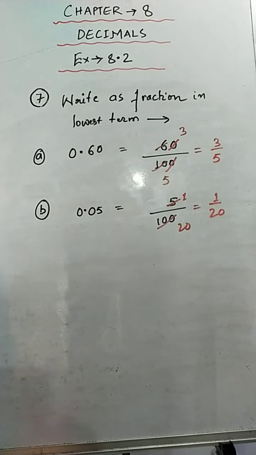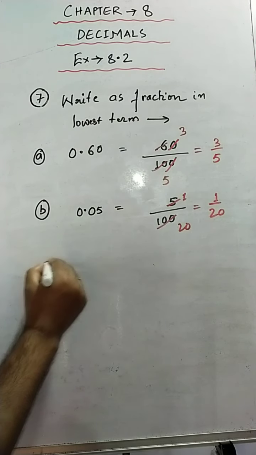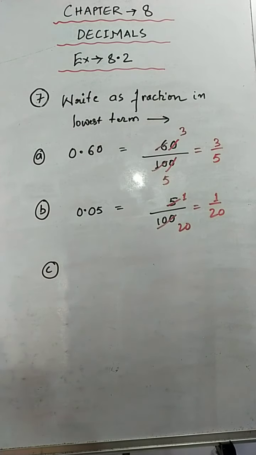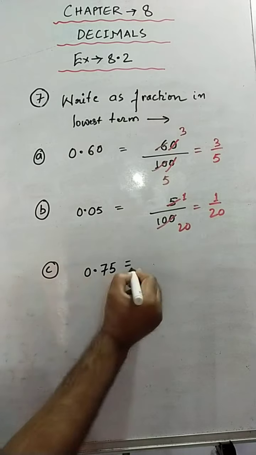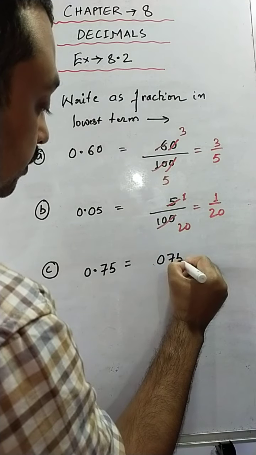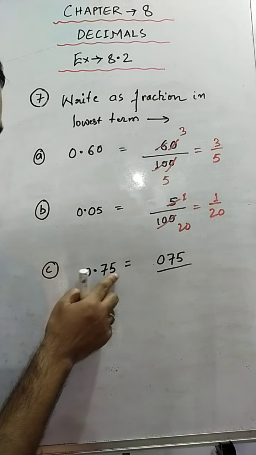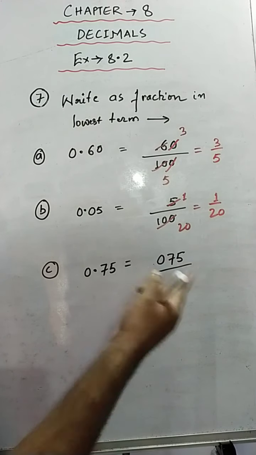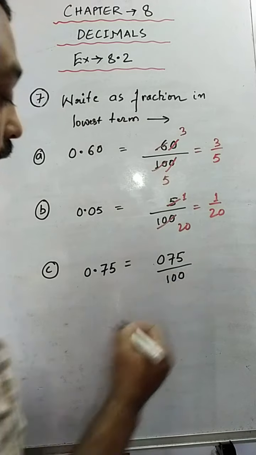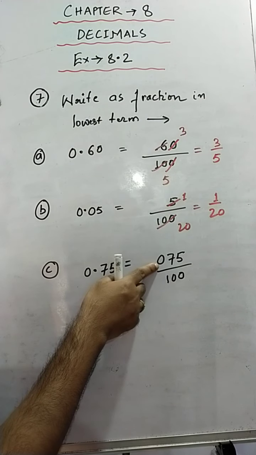Okay, now let's do sum number C. Sum number C, we have 0.75. Again we'll write the entire number 075. Again, how many digits are there after the decimal? We have 2. So that means we have to divide the number by 2 tens. That means again by 100. Does this 0 possess any value?